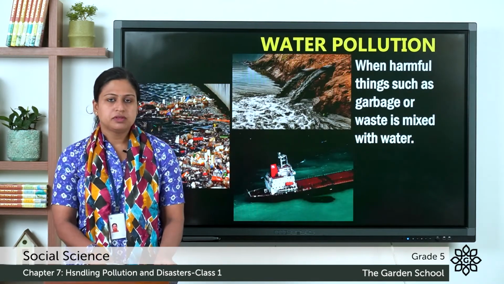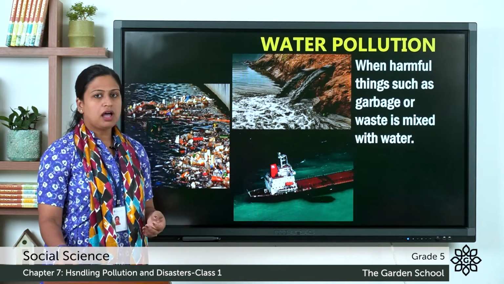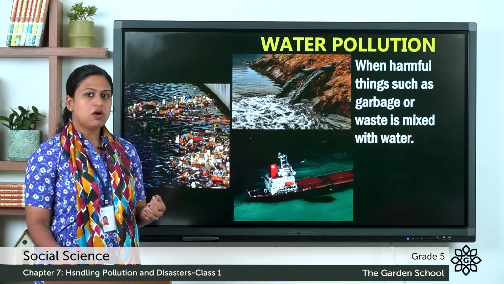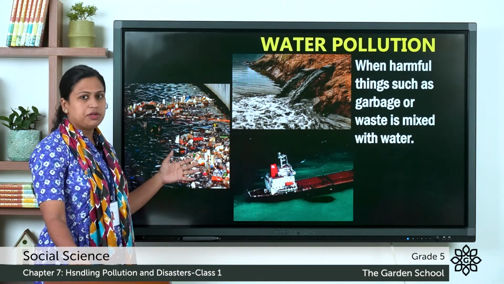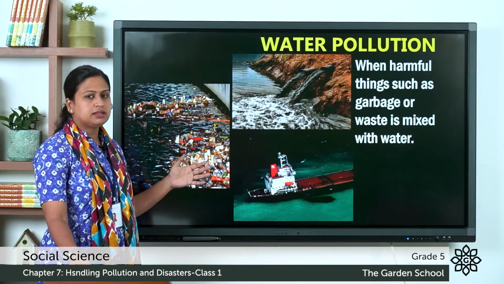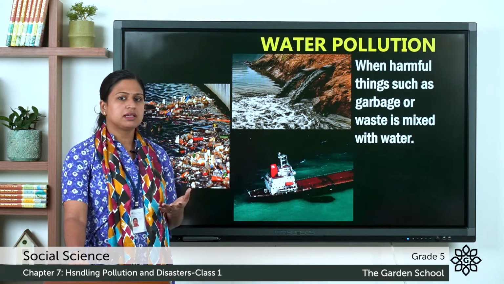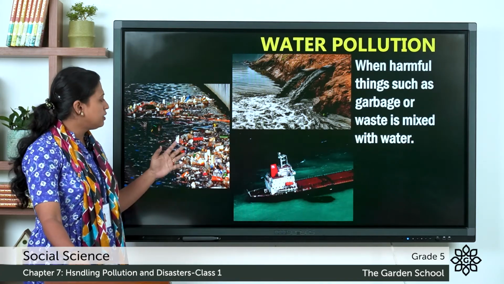Water pollution. So here you can see when harmful things such as garbage and waste are released into the water, it causes water pollution. You can see here the garbage and waste products that are collected from houses, schools, hospitals, markets and various other places are thrown into the river.